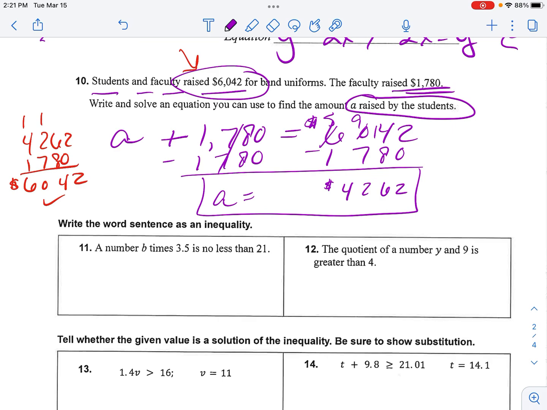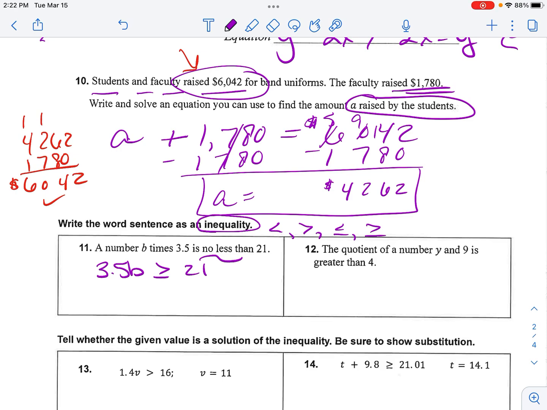11 and 12, write the word sentence as an inequality. Remember, with inequalities we're talking about less than, greater than, less than or equal to, greater than or equal to. A number B times 3.5 is no less than 21, meaning greater than or equal to 21.